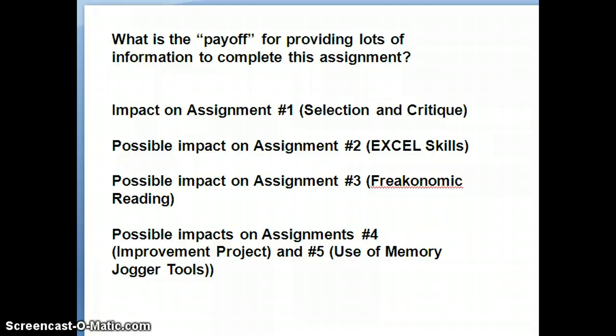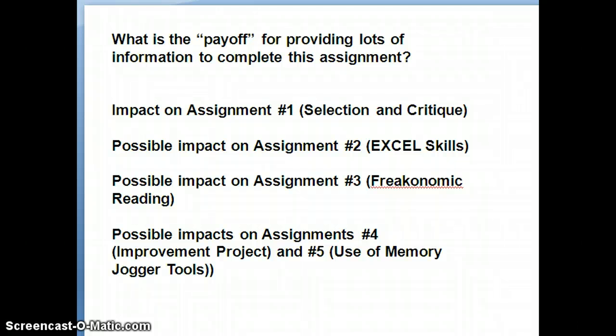Let me give you 4 good examples. This assignment is going to have an impact on assignment 1, which is all about the selection and critique of research articles. In other words, for assignment number 1, you're going to select some research articles. You're going to justify the selection of those research articles, and then you're going to critique them. Okay, what's the basis of your justification?